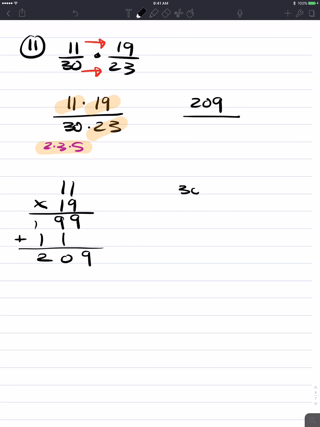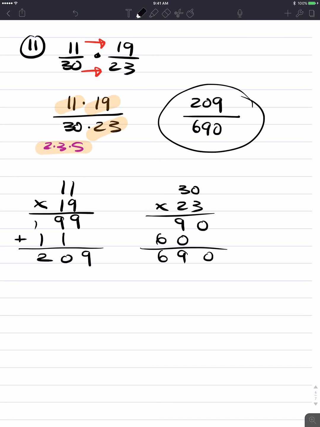To find the denominator, this is 30 times 23. 3 times 0 is 0. 3 times 3 is 9. 2 times 0 is 0. 2 times 3 is 6. 0, 9, 6. 690. This is my answer. This fraction is a reduced fraction. Breaking this down was all the work to the left.